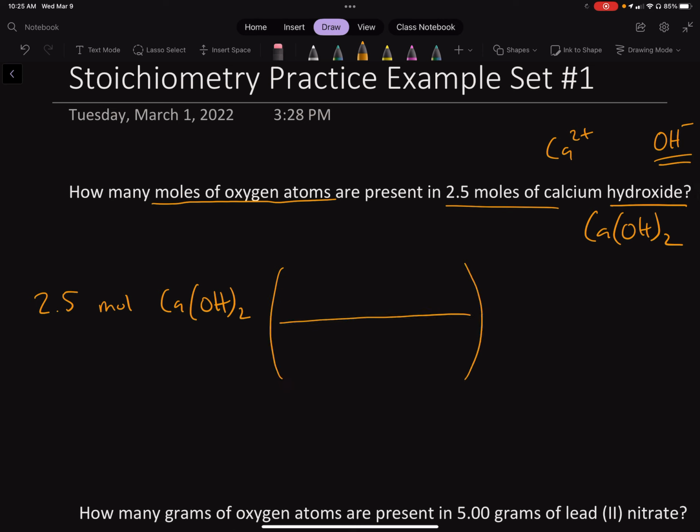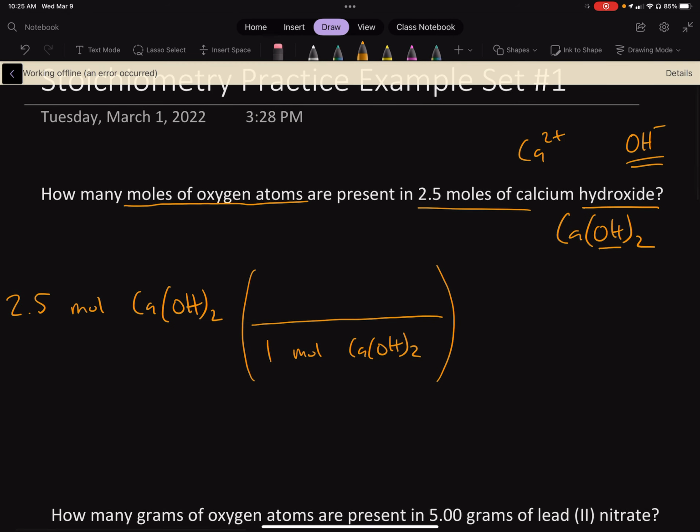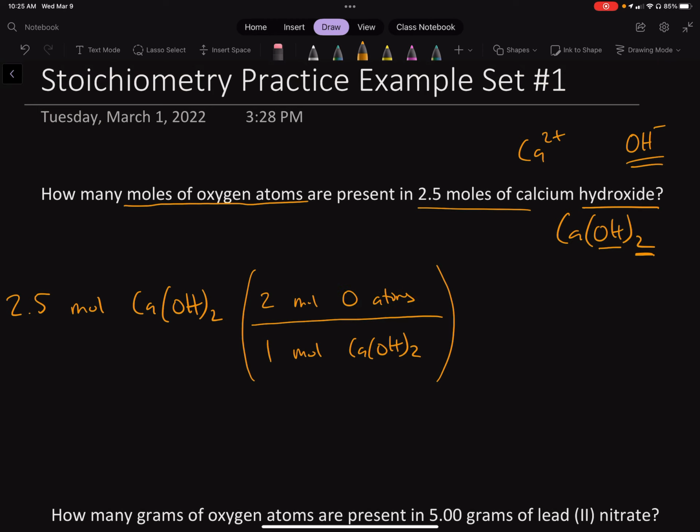The conversion tells us how many moles of oxygen atoms are in 1 mole of calcium hydroxide. Looking at the formula, Ca(OH)2, there's 1 oxygen for each hydroxide, and because there are 2 hydroxides, there are 2 oxygen atoms in every 1 calcium hydroxide.